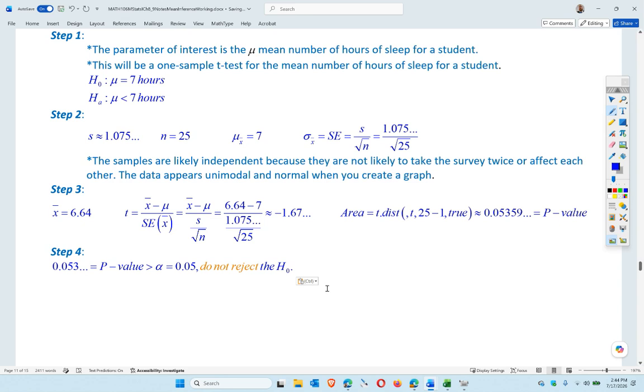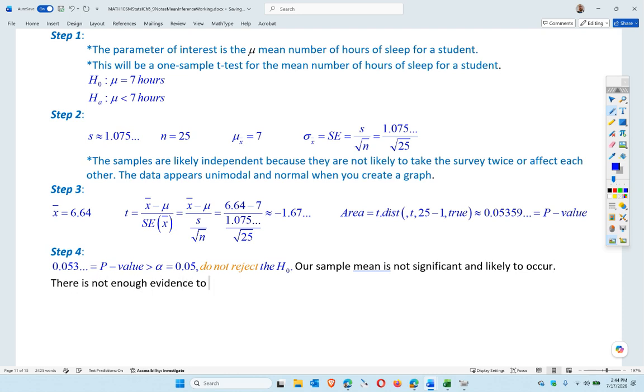Okay, so we do not reject, so our sample mean is not significant and likely to occur. There is not enough evidence to reject the null hypothesis.